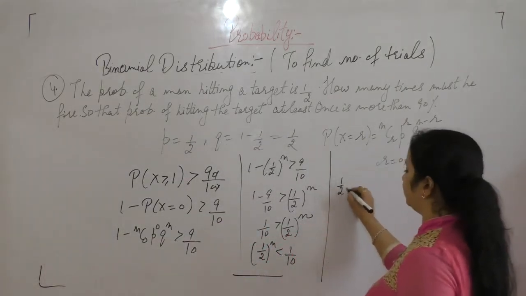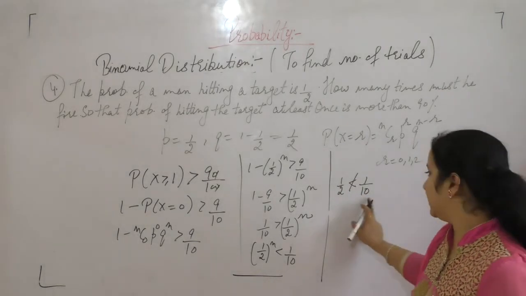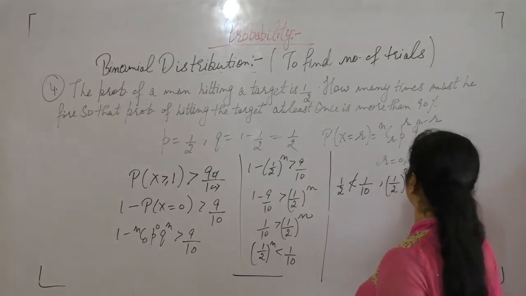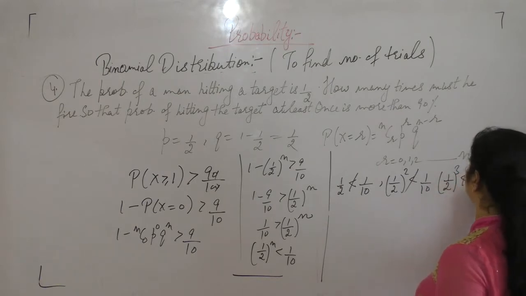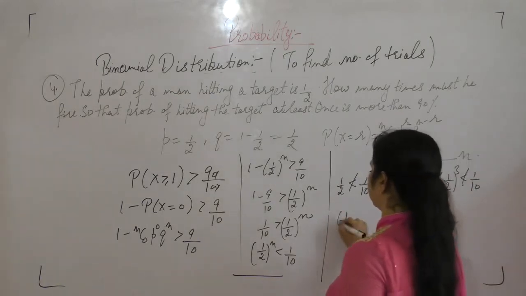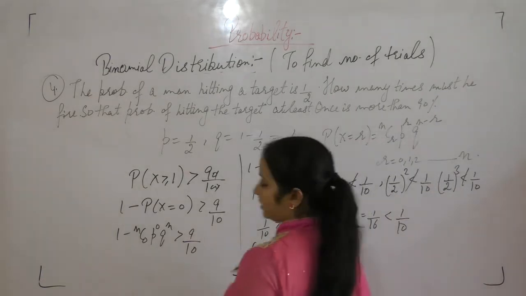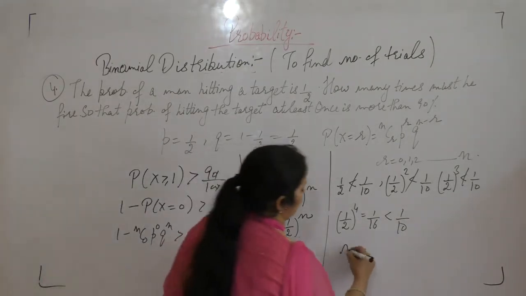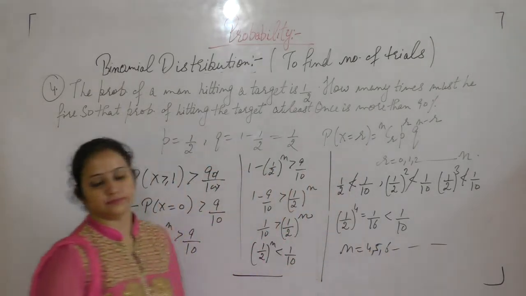When we put n as 1, 1/2 is 0.5, not less than 1/10, which is 0.1. 1/2 squared, 1/4, again not less than 1/10. 1/8, and when n is 4, that is 1/16, which is less than 1/10. So n can take values 4, 5, 6 and so on.